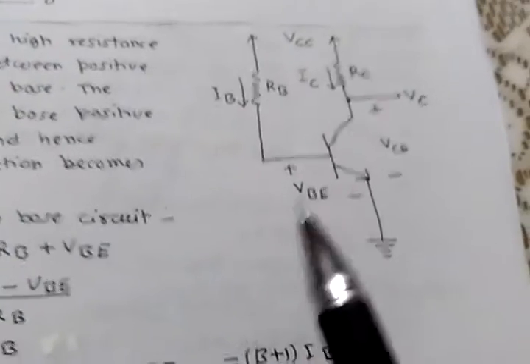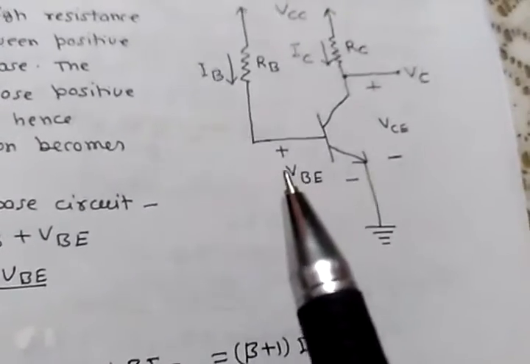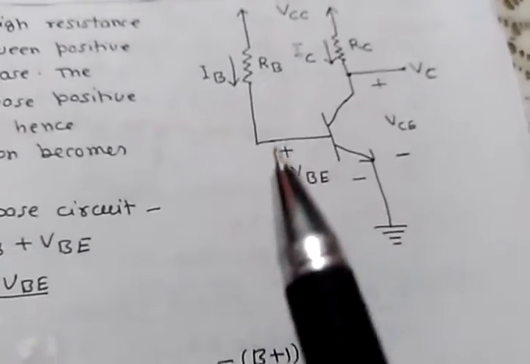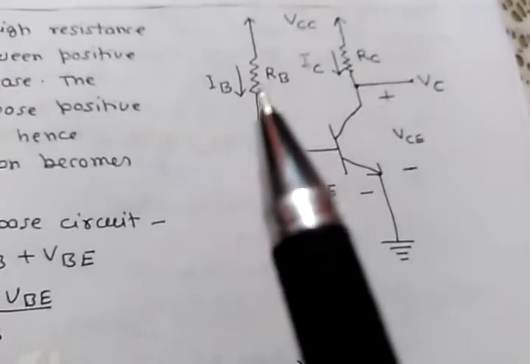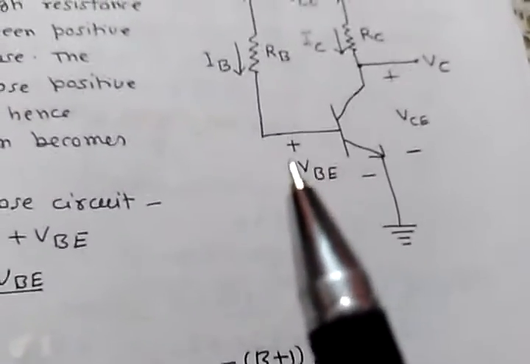To find the currents, we use the input circuit. Input circuit means base circuit, which includes RB and the base emitter junction.